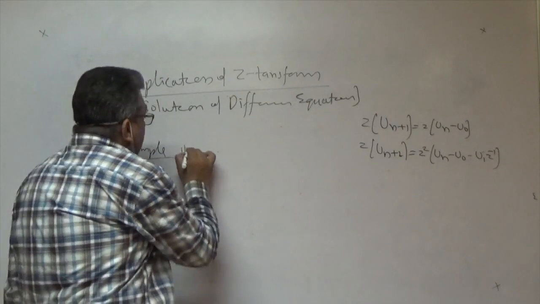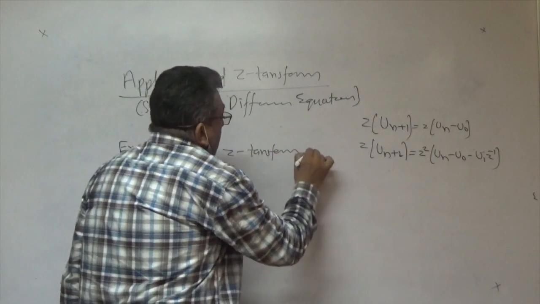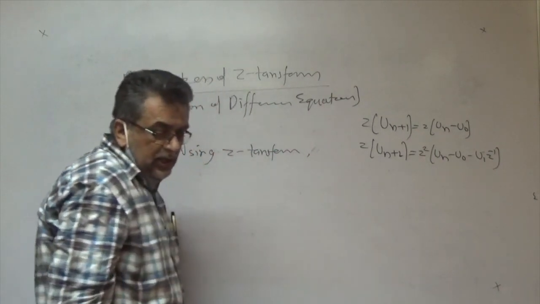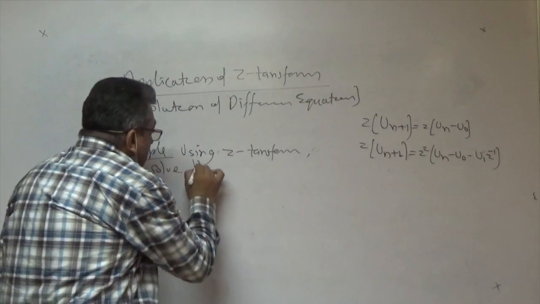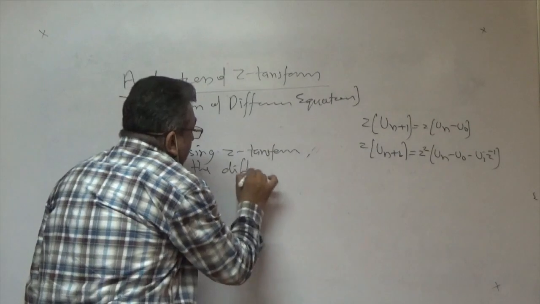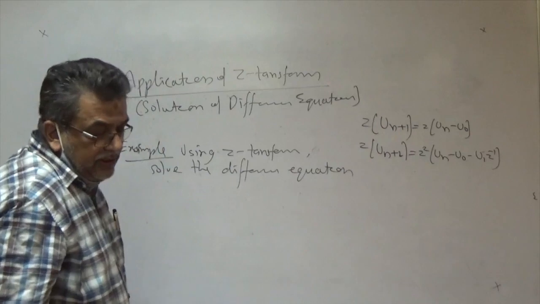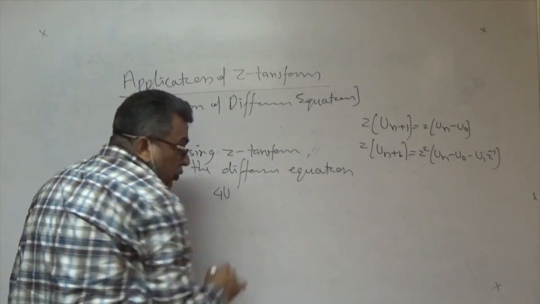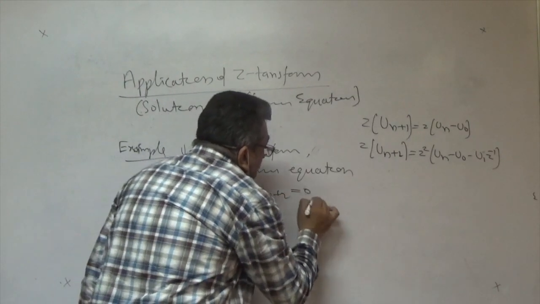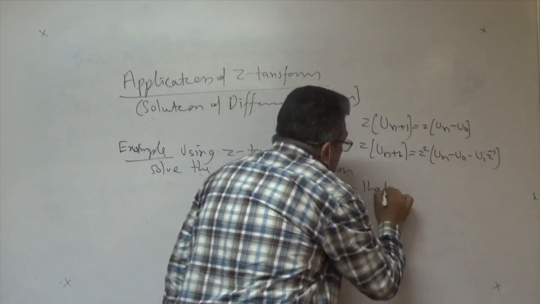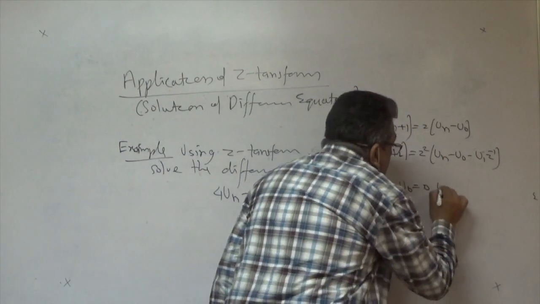Using Z transform, solve the difference equation un minus un plus 2 equal to 0, given the boundary conditions u naught is 0 and u1 is 2.